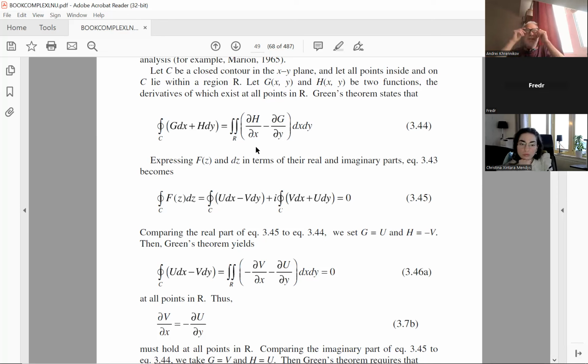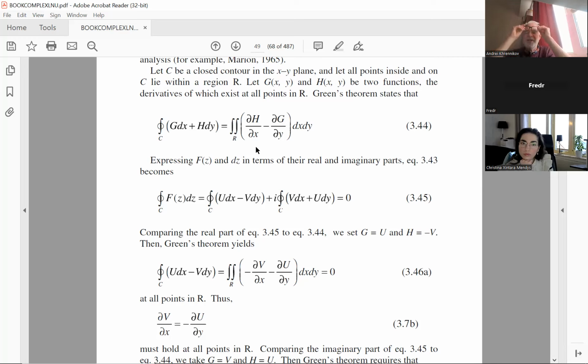Now, I don't know whether you proved in your usual course of analysis that if you have a function of 2 variables, or let us, for the beginning, a function of 1 variable, and we know that its integral is 0 on any small interval around some fixed point, then this function is 0 at this point.